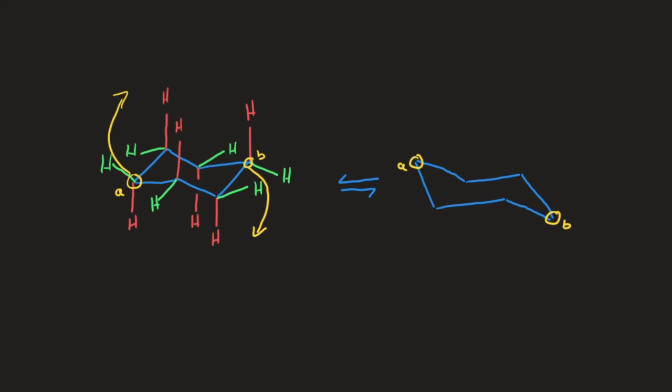What's important, however, to note when you undergo a chair flip is all the equatorial hydrogens and axial hydrogens switch. So anything that was an axial hydrogen in this molecule, once it undergoes this chair flip, is going to become an equatorial hydrogen. And so all my red hydrogens are going to be equatorial now.